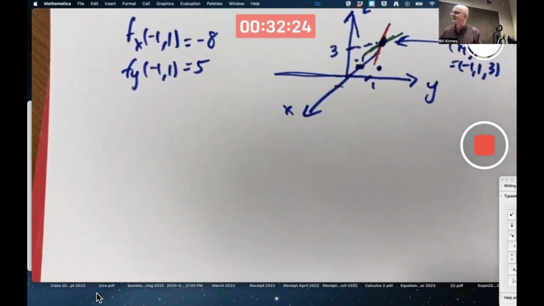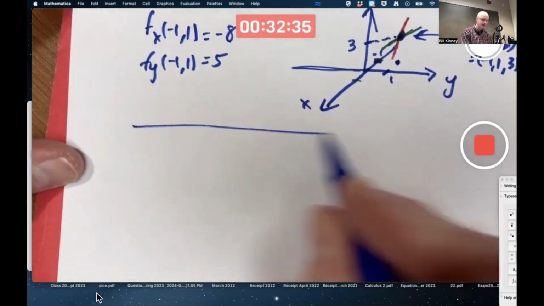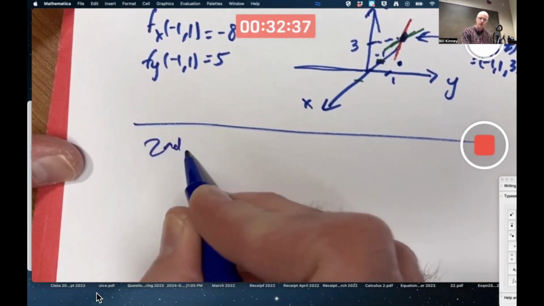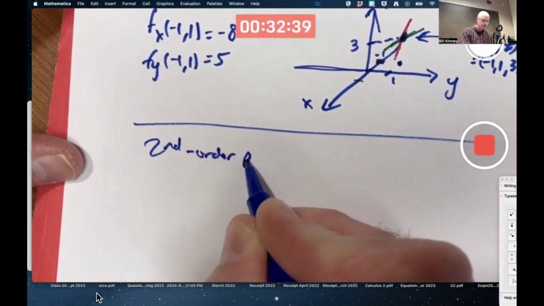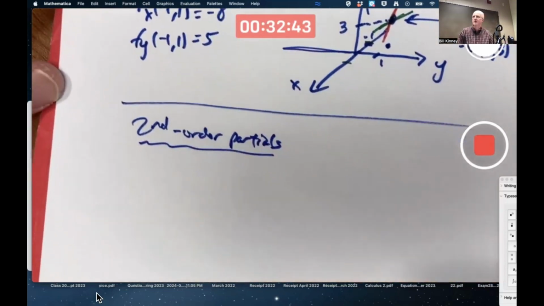Could we think about concavity? Concave up or concave down in the x or y direction? Sure, there are second order partials with various notations. When I say partials, that's just shorthand for partial derivatives.